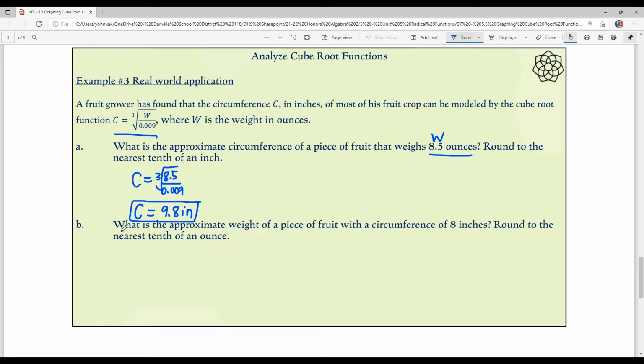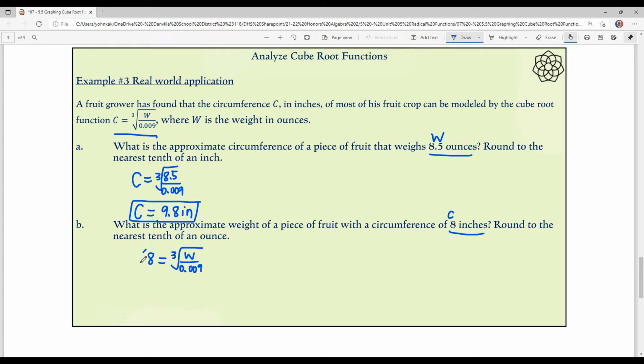Okay, part B, what is the approximate weight of a piece of fruit with a circumference of 8 inches, round to the nearest tenth of an ounce? So this circumference is my C value. So I'm going to replace C with 8 equals the cube root of W over 0.009. Well, in order to get to the W, I need to get rid of the cube root.